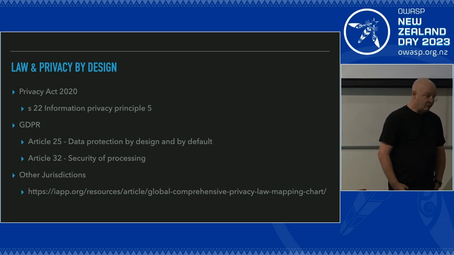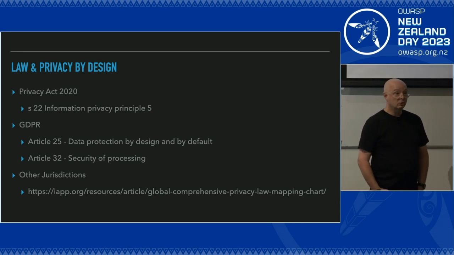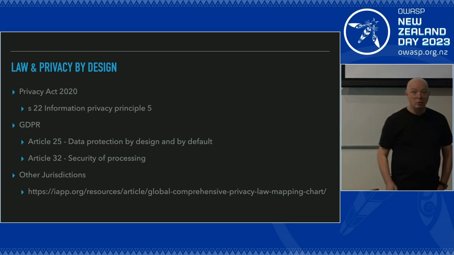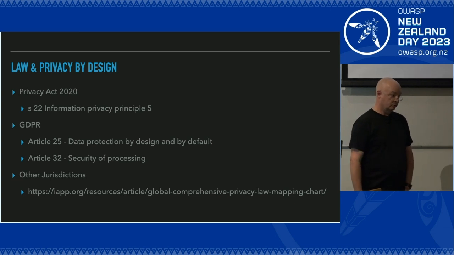There is a very specific article, number 25, which calls out the need for privacy by design to be employed in systems that store and process personal information. And that has a relationship with Article 32, which is about what security controls are appropriate to protect the personal information.